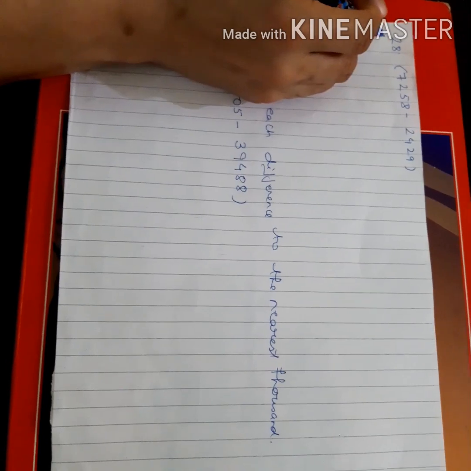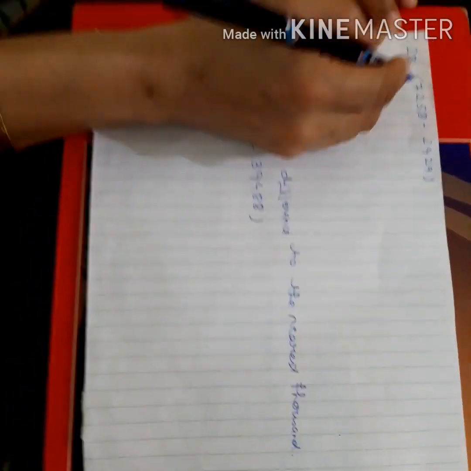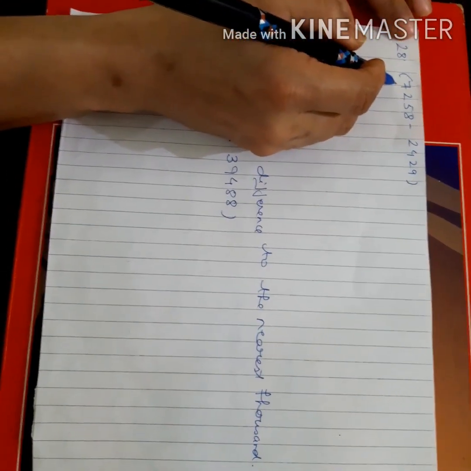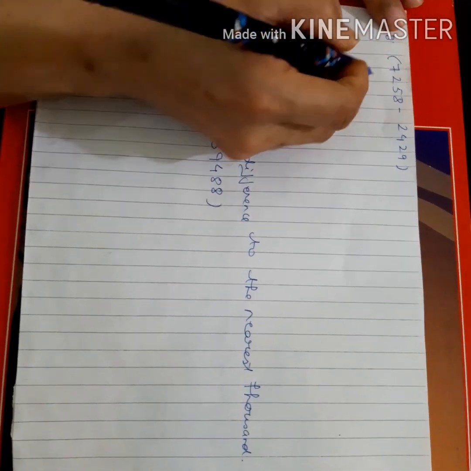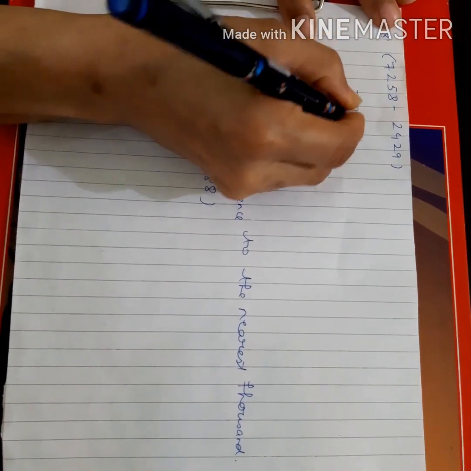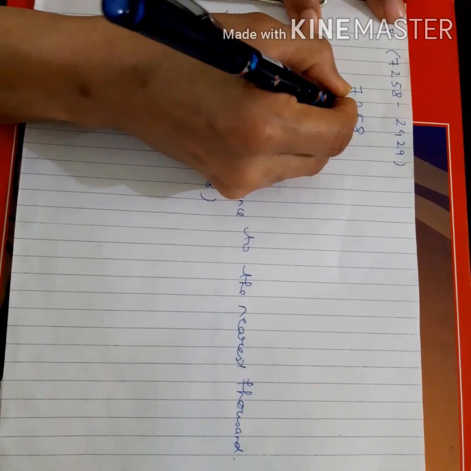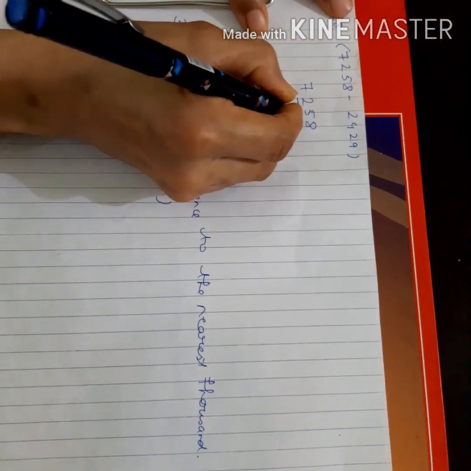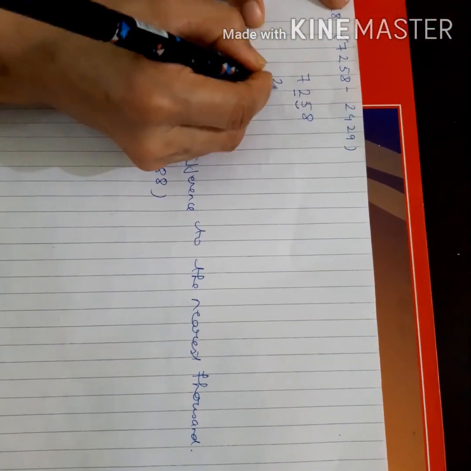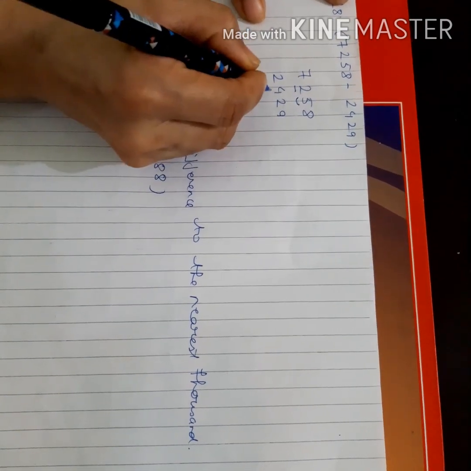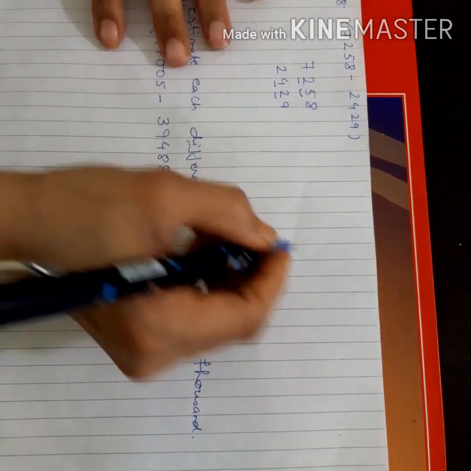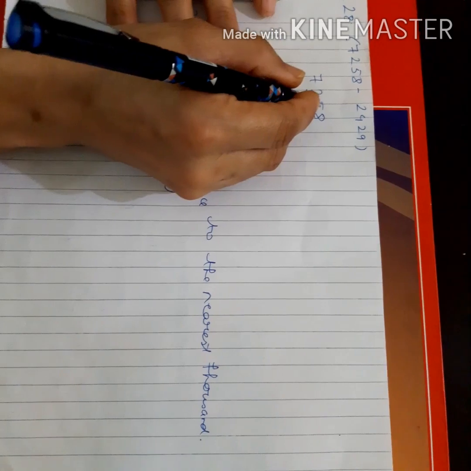Question number 28. In this question also you have to estimate the difference to the nearest 100. So we will underline the 100 digit. We will consider the tens digit. This tens digit is equal to 5.